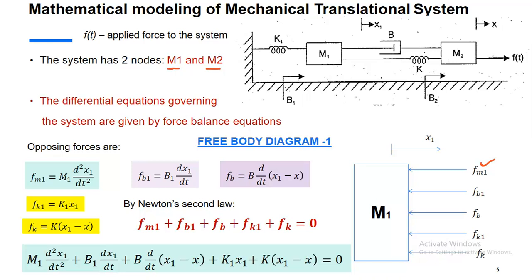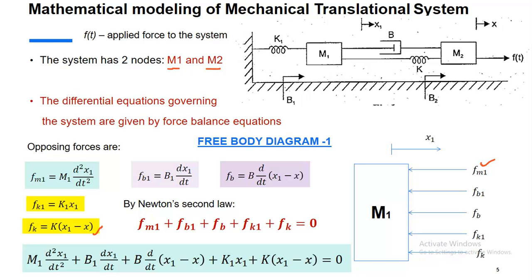Now we are considering m1 as a reference, so it is x1 minus x. And this particular spring is attached to a reference, so Fk1 is nothing but k1 into x1, whereas this spring is available between these two masses, so we have a differential displacement, x1 minus x.